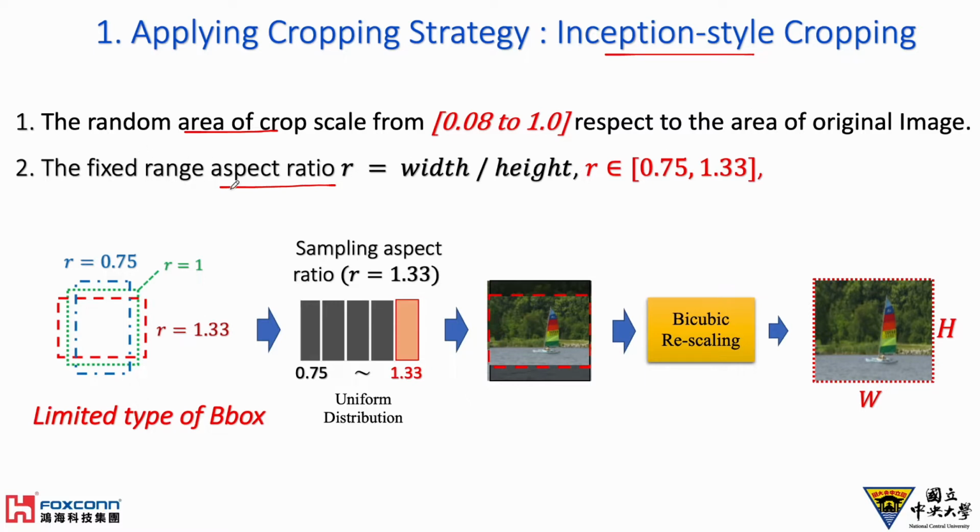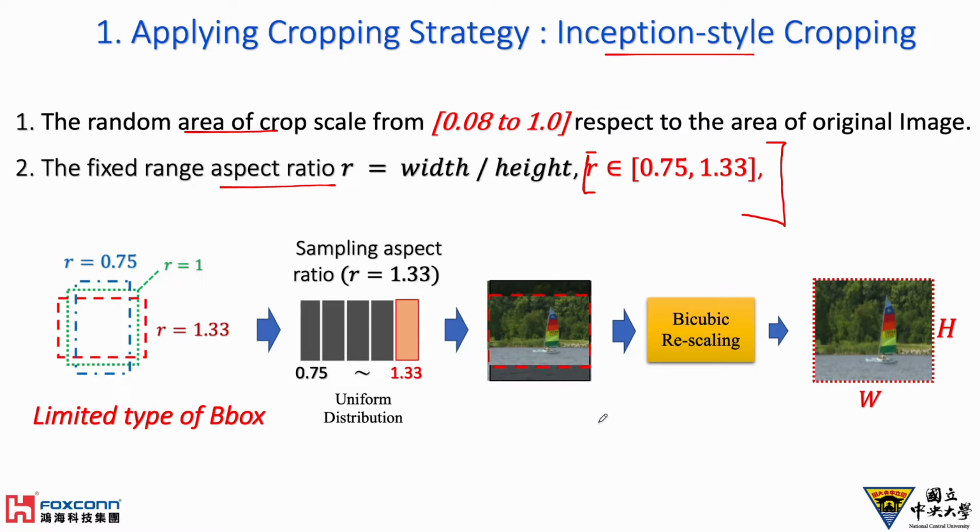The second property is the aspect ratio of the crop. The aspect ratio of the crop will randomly select a value in a range. This is a fixed range for different datasets, so it's 0.75 to 1.33. The advantage of the Inception-style crop is that the aspect ratio crop helps us cover mainly the central part of the image, and the proportional crop will always be larger than 50% of the context of the image.